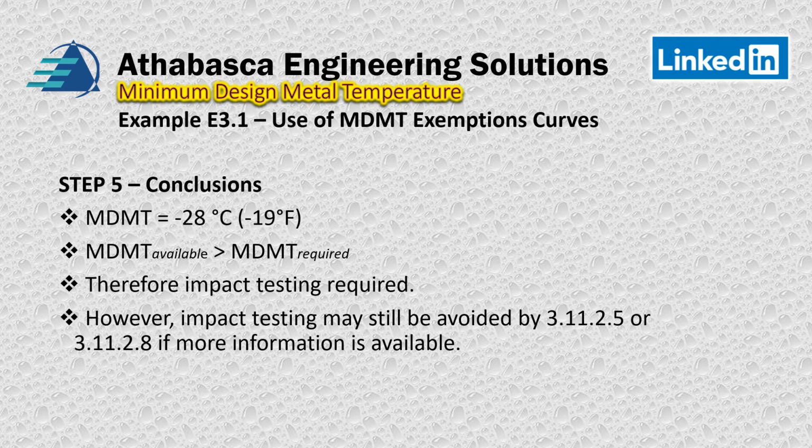Refer to 3.11.2.5 and 3.11.2.8. They have to do with things like material changes, like getting in another type of material, like a forging that has a specification suited for that, or you can live within the tolerances of that allowance.